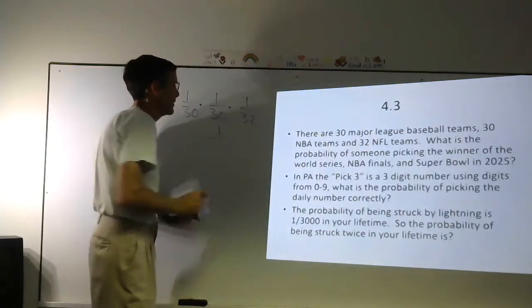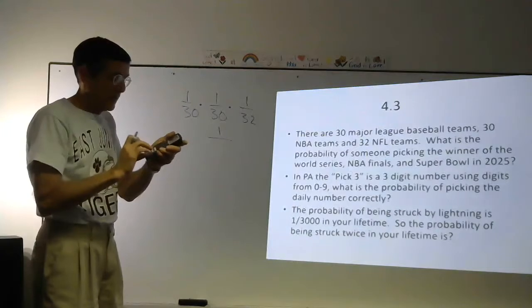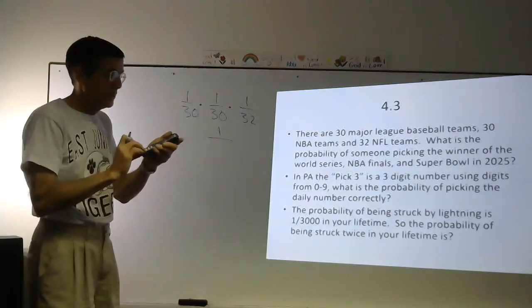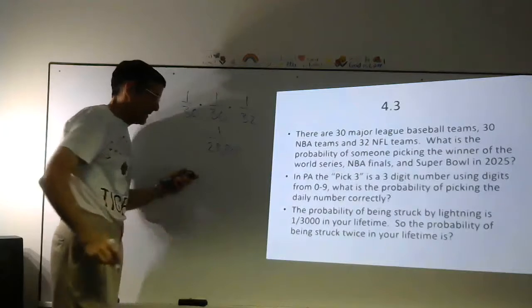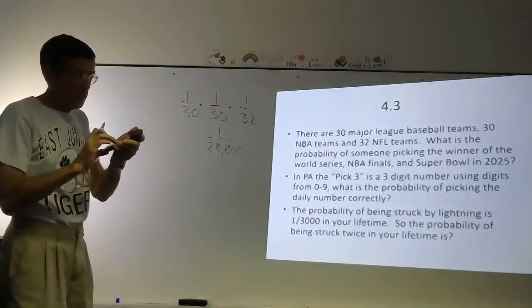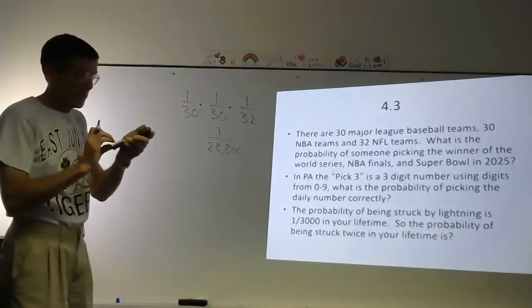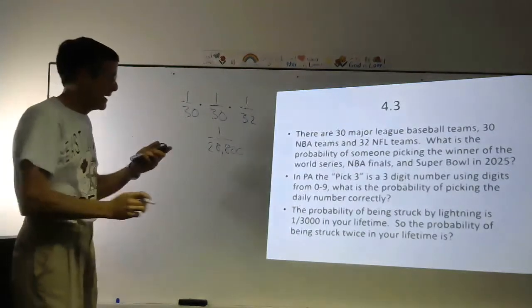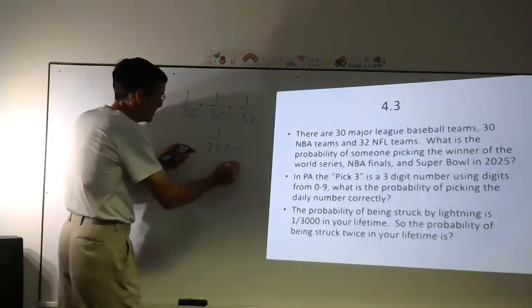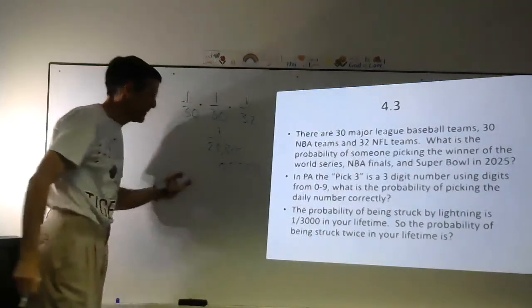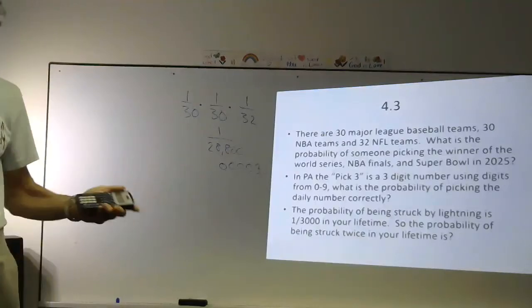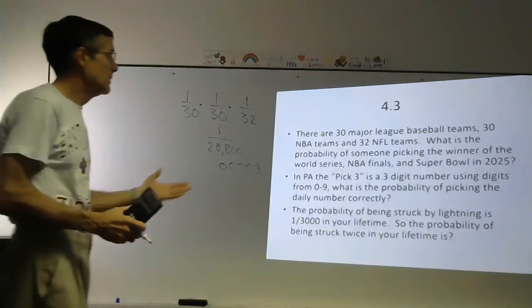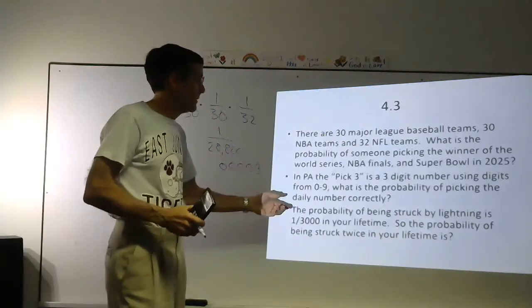So 1 out of 30 times 30 times 32, 1 out of 28,800. That's not likely to happen. 1 divided by that is about 0.00003. Okay? Not likely to happen. But that's the way you can do that. Because there's no overlap in an AND problem, you can simply multiply.